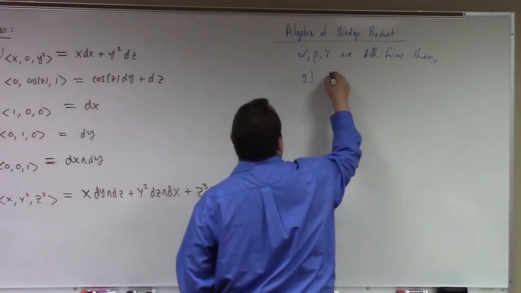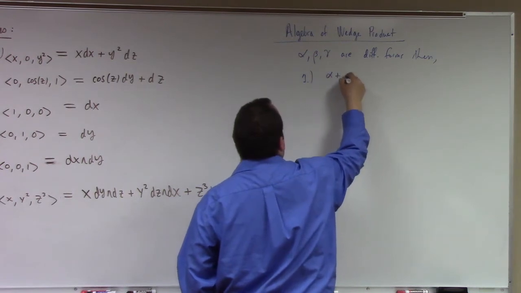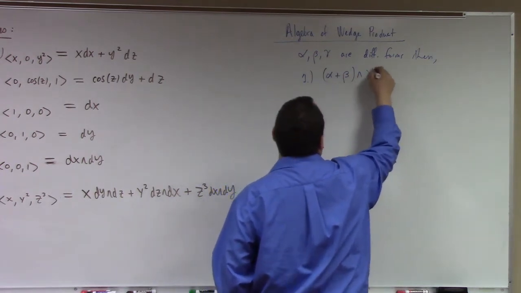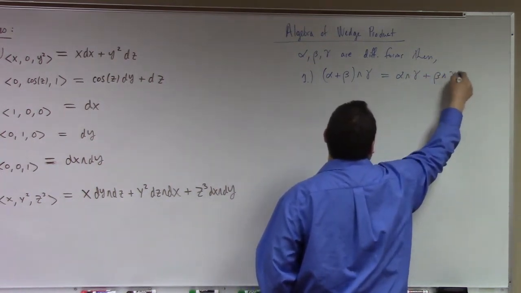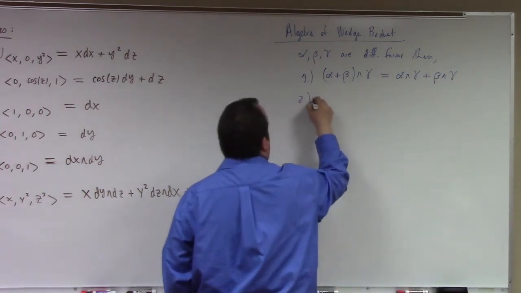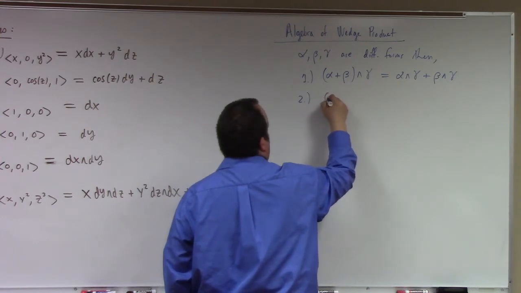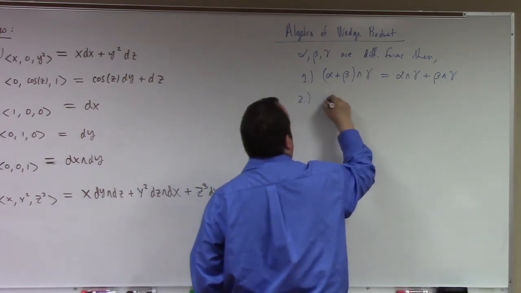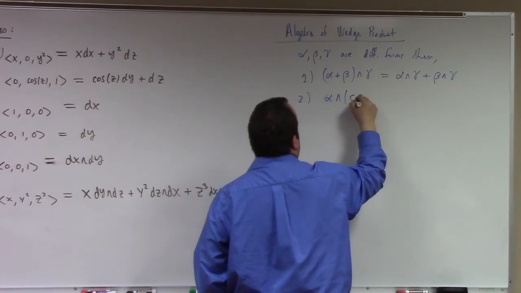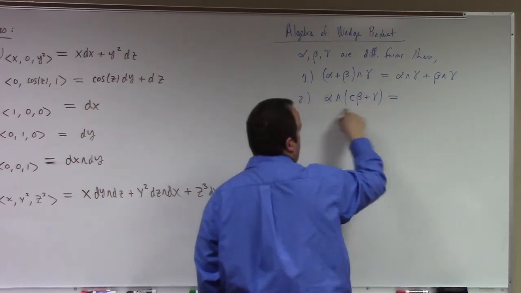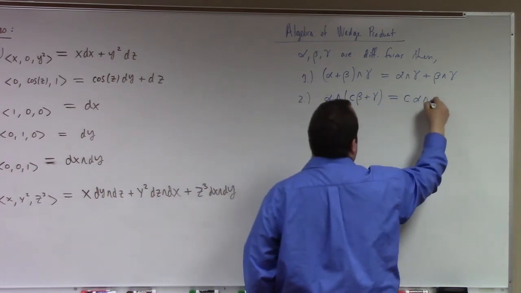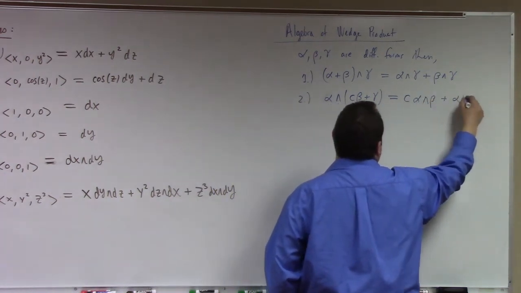One, if you have alpha plus beta wedged with gamma, you get alpha wedge gamma plus beta wedge gamma. You can pull constants out. So for example, alpha wedged with a constant times beta plus gamma, I pull the constant out and I distribute.